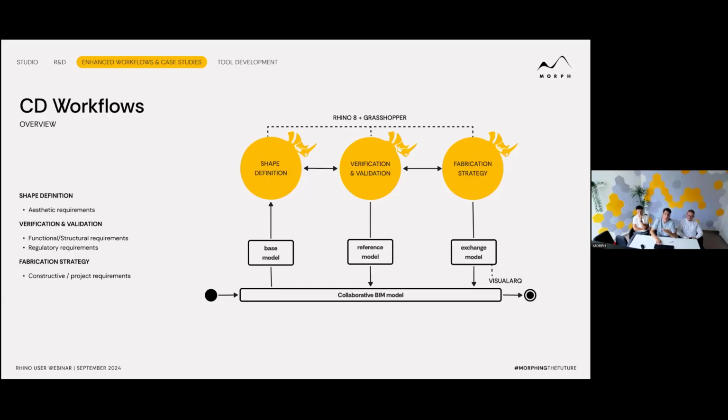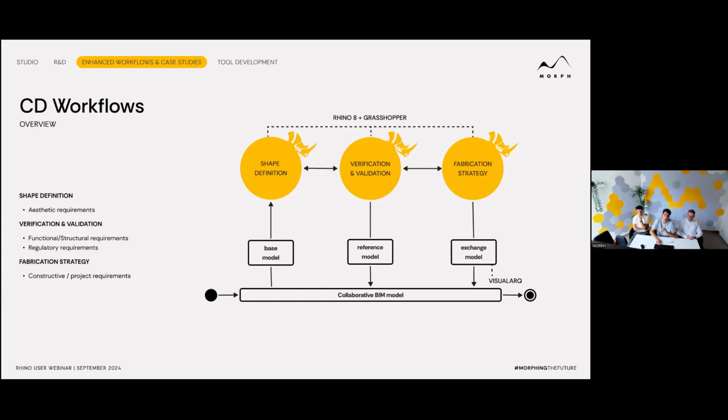It's fed with some base geometry from the BIM model, or data from a spreadsheet or a reference, whatever. And then we start our inner computational design loop, where we verify, validate, write scripts, always looking to meet aesthetic, functional, or regulatory requirements.